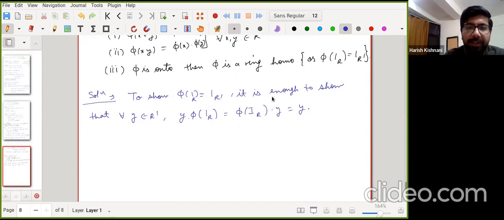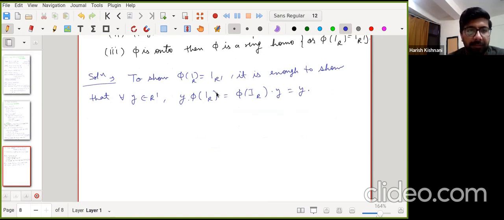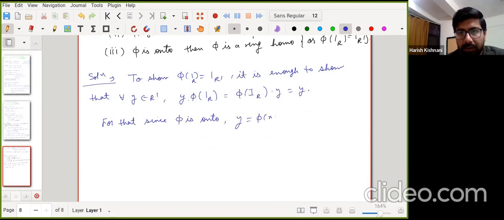Because that is a condition for something to be the identity of the codomain, and identity is unique. So if this is satisfied for all y, then we can conclude that phi of 1R is the multiplicative identity of the codomain, right? So for that, since your phi is onto, you have y to be phi of x for some x in R, right?